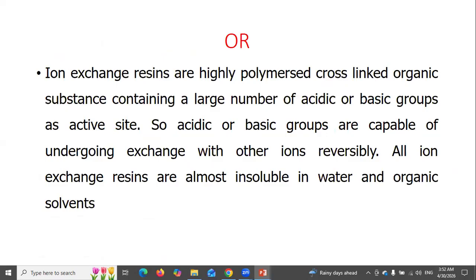Ion exchange resins are highly polymerized cross-linked organic substances containing a large number of acidic or basic groups as active sites. These groups are capable of undergoing exchange with other ions reversibly. All ion exchange resins are almost insoluble in water and organic solvents.